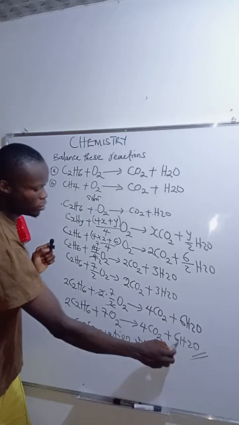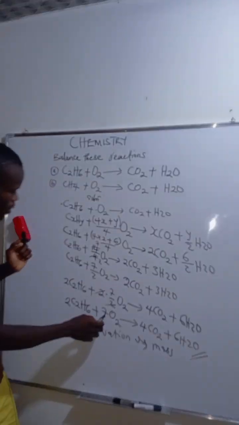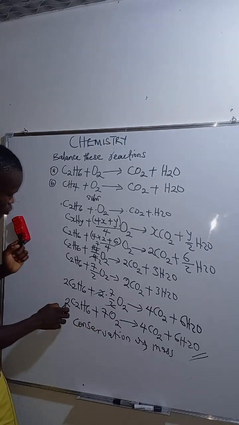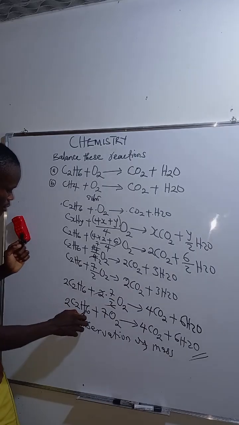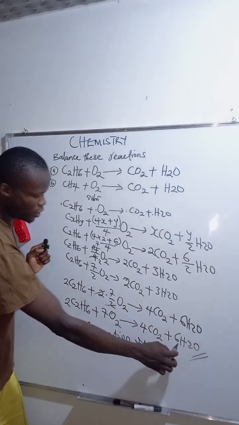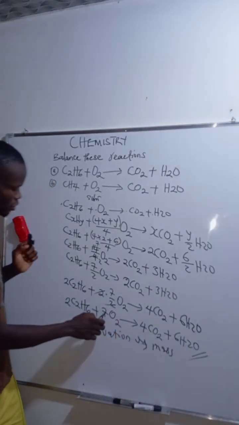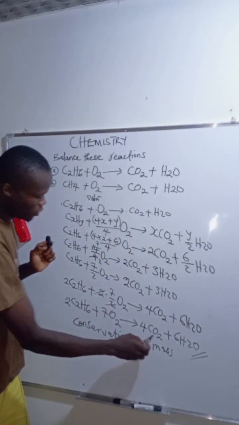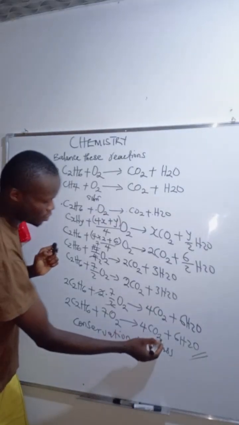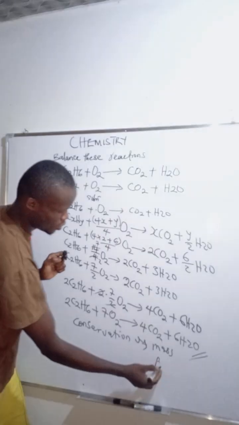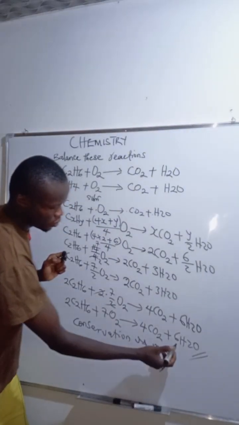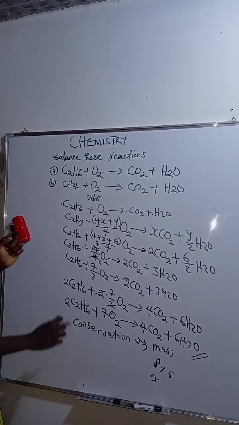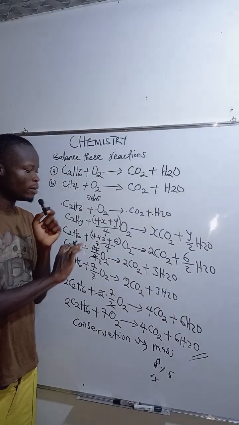My hydrogen here, 6 times 2 is 12. My oxygen is 7 times 2, which is what? 14. My oxygen here, 4 times 2 is what? 8, plus 6. 8 plus 6 is what? 14. So oxygen is balanced, and this chemical reaction is very balanced.